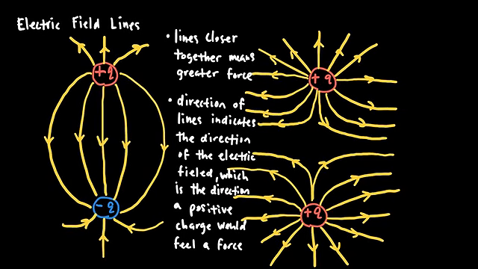Along with our understanding of electric force and electric field is this idea that I can use a map of the electric field lines around some point charges to understand what's going on. So for example, if I put a positive test charge between these two charges on the left, I know it would be repelled by the top charge downward and attracted to the bottom charge downward.